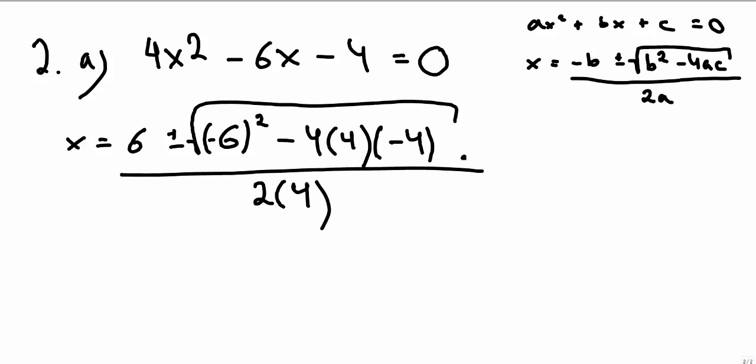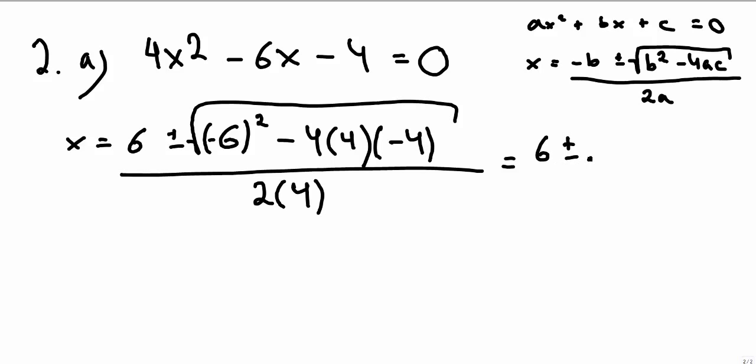Okay, let's see if we get some nice numbers that we can work out easily. So I'm just going to simplify this a little bit. Equal to 6 plus minus, let's see, there's going to be minus 6 times minus 6 is 36, and here we have minus 4 times 4 times minus 4, so 16 times 4, which is 64.